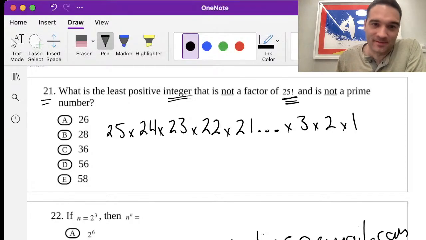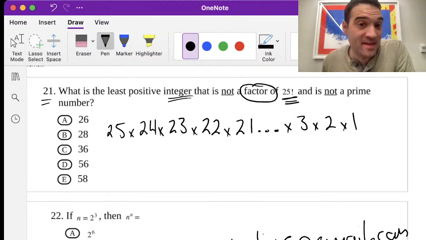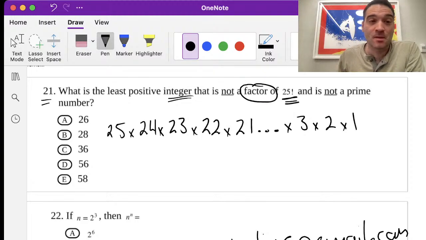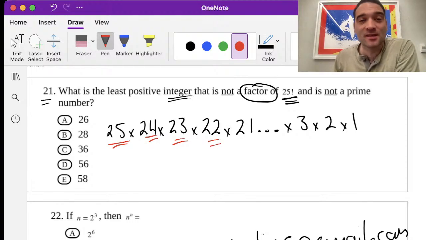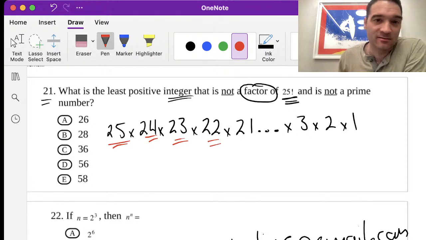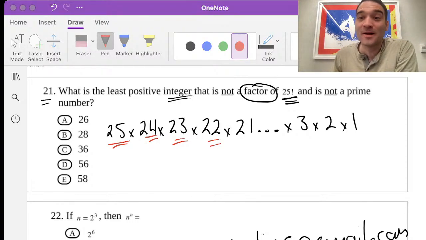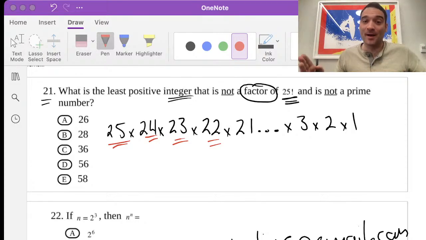So here comes the heart of the matter. We're looking for an integer that is not a factor of 25 factorial. Well, what would be a factor of 25 factorial? 25 is a factor of 25 factorial. 24 is a factor of 25 factorial. 23 is, so is 22. Basically, any number in here is a factor of 25 factorial because I create 25 factorial by multiplying all those together.